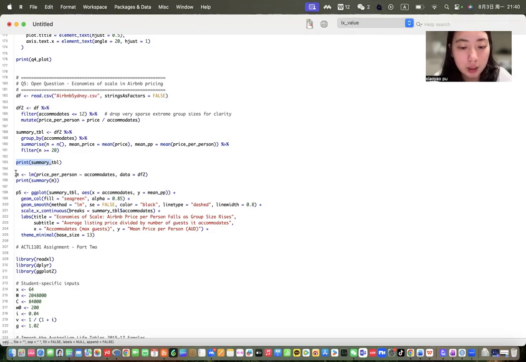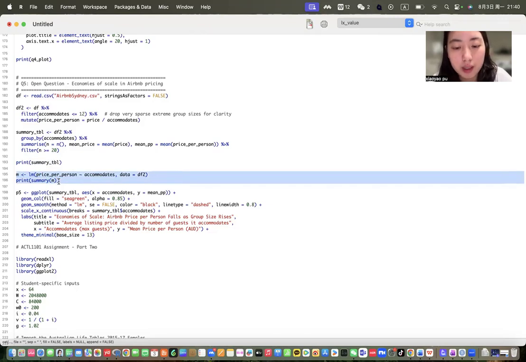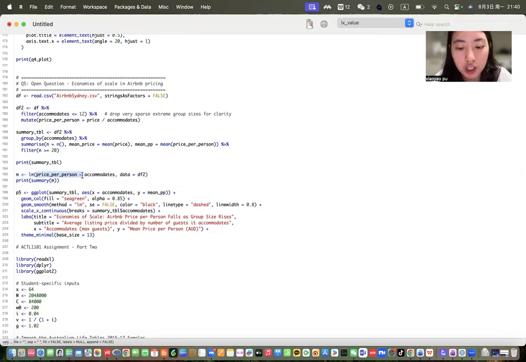And to back this up with a formal statistical test rather than just eyeballing the table, I fit a simple linear regression of price per person on accommodates using the lm function on the full filtered dataset. Printing the summary gives me the slope coefficient, its p-value and R squared.